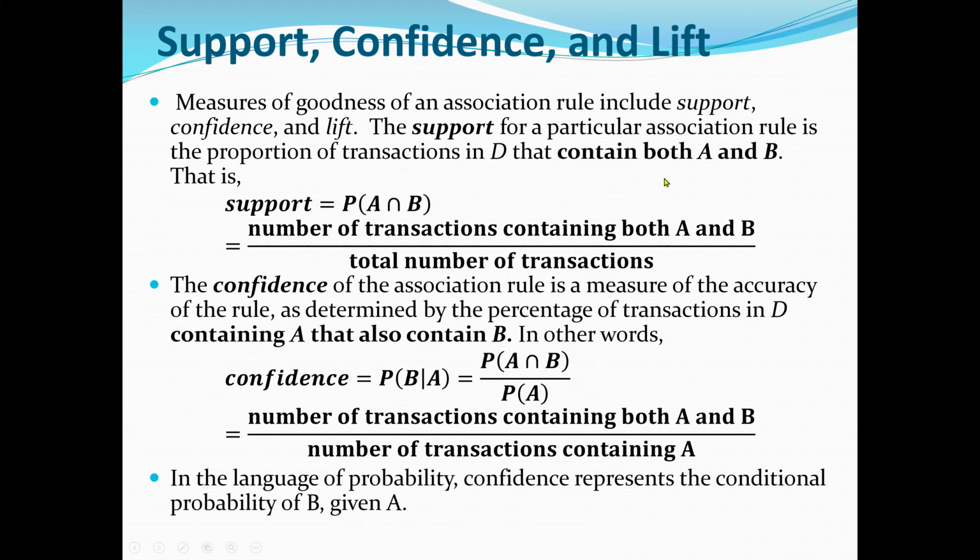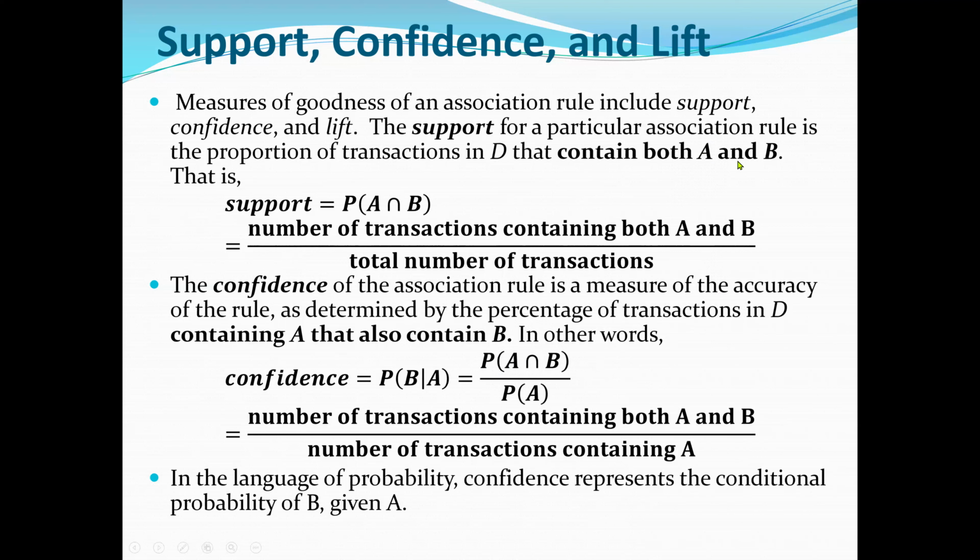We have the rule that if a customer buys A, he also buys B. So the confidence will be how many transactions where customers buy A and B divided by how many transactions where the customer buys A. When the customer buys A and B, it will be A intersect B, meaning we have both A and B together.